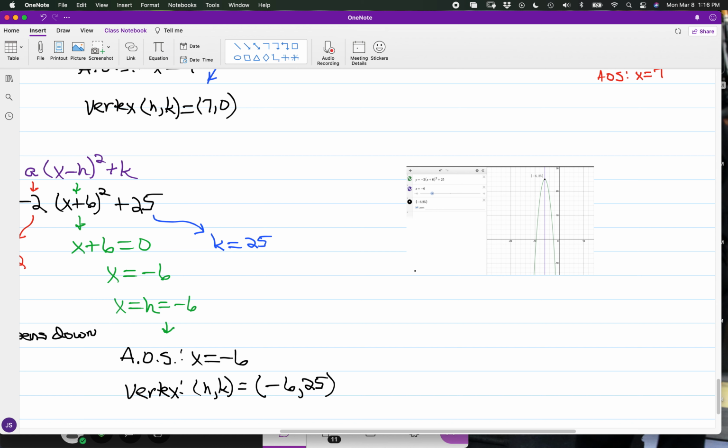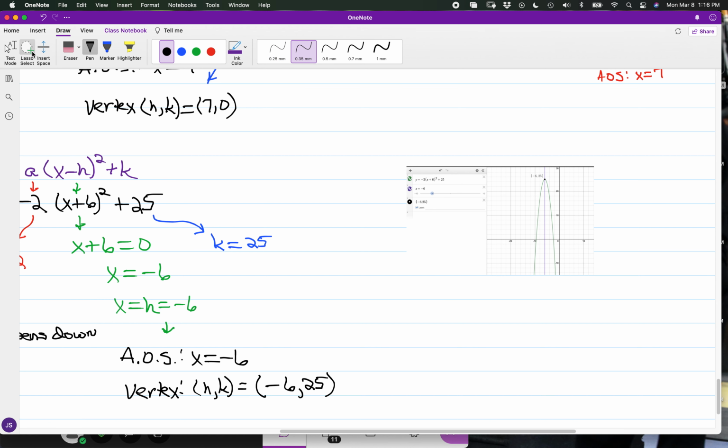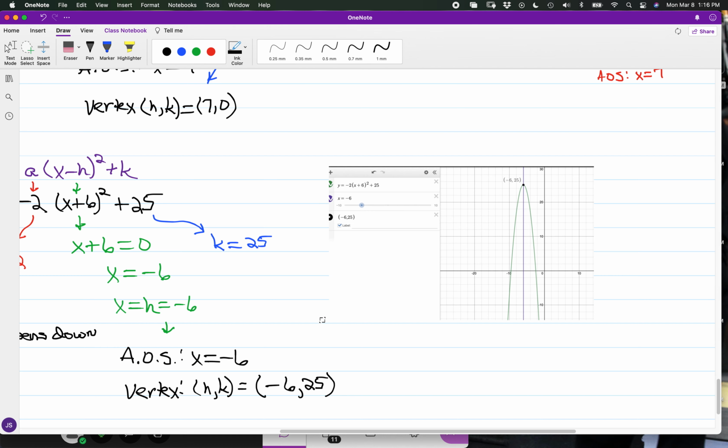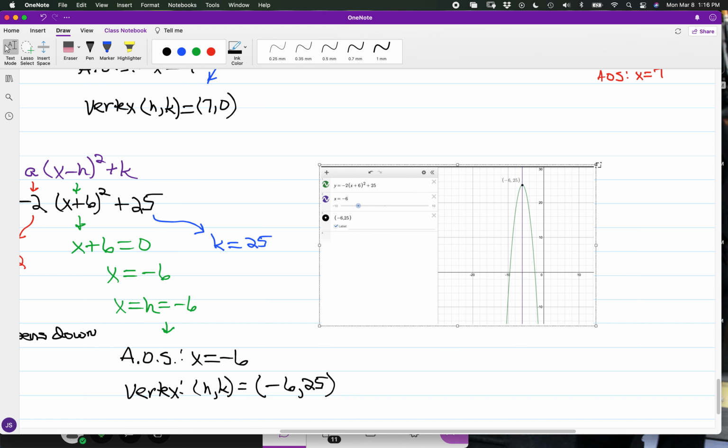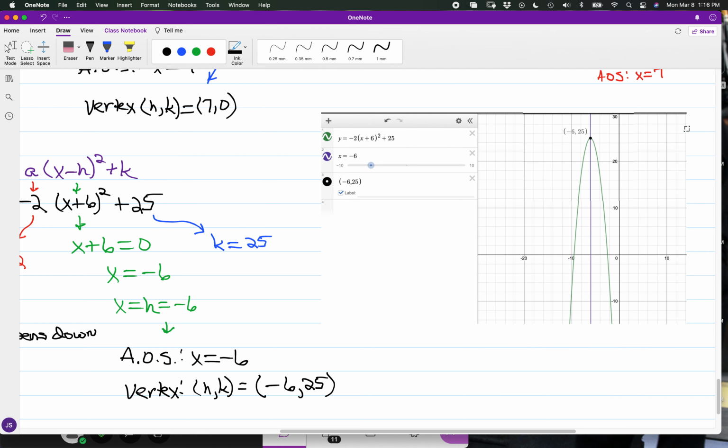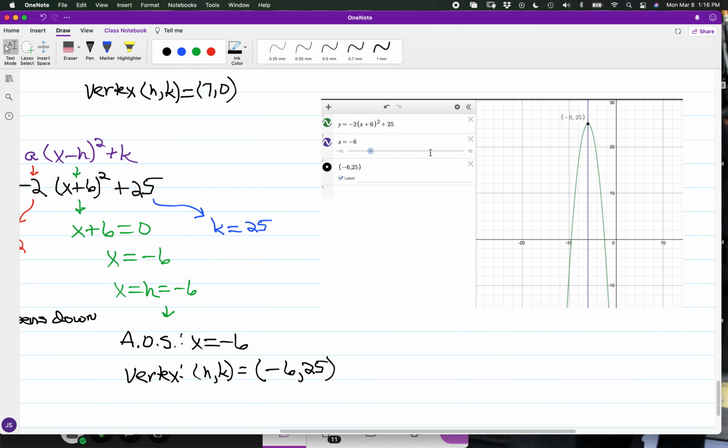So looking at what we have here, you have a downward opening parabola. And again, the vertex is (negative 6, 25). And again, this line that we have in purple, the dividing line, is the axis of symmetry, x is equal to negative 6.